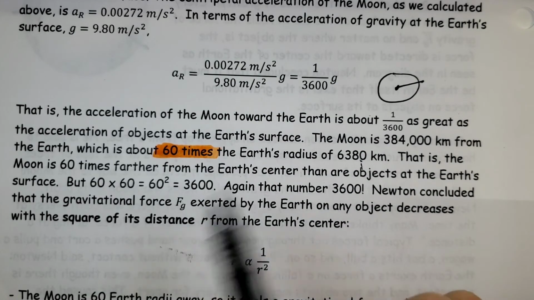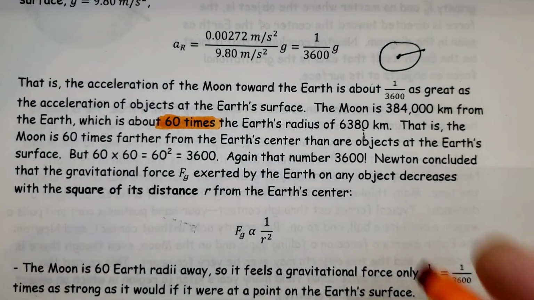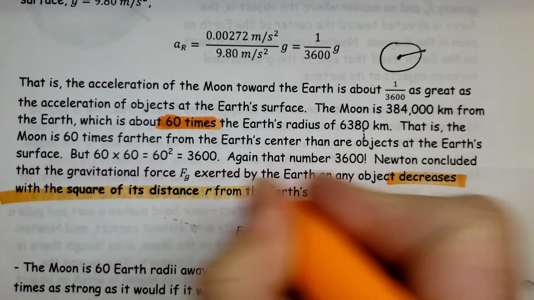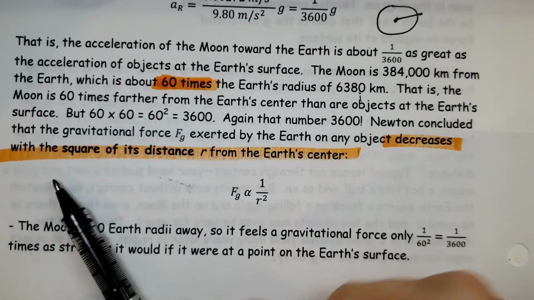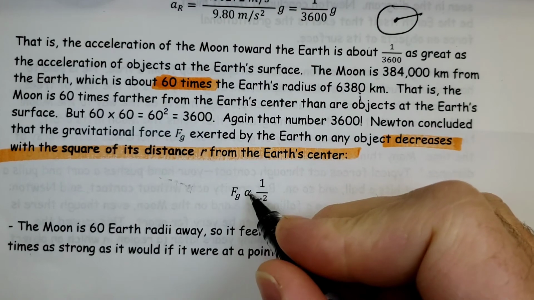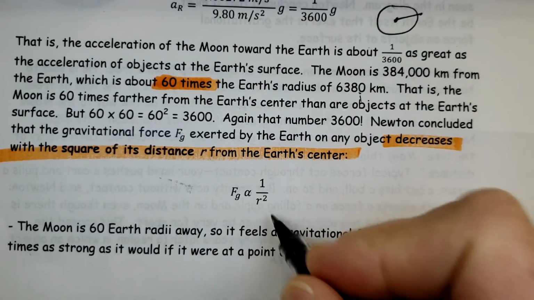So Newton concluded that the gravitational force exerted by the Earth on any object decreases as the square of the distance from the Earth's center. So in other words, the force of gravity is directly related to 1 over the radius squared.